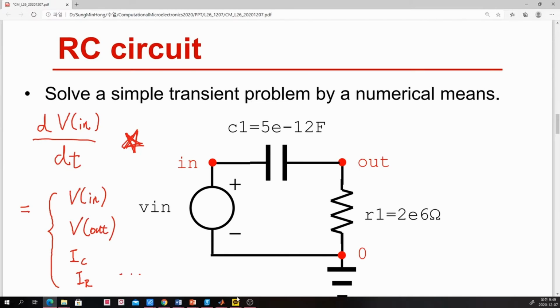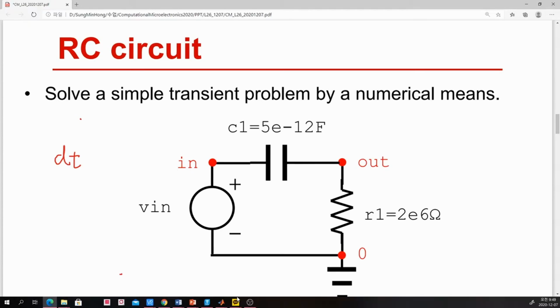So that is the key. How can you express these time derivative terms? And you know that.